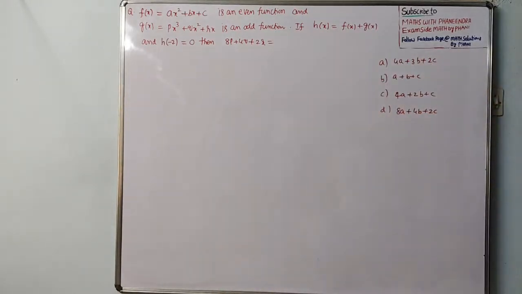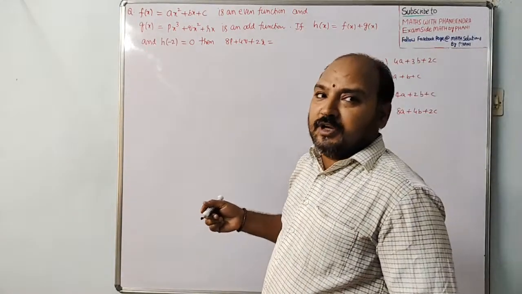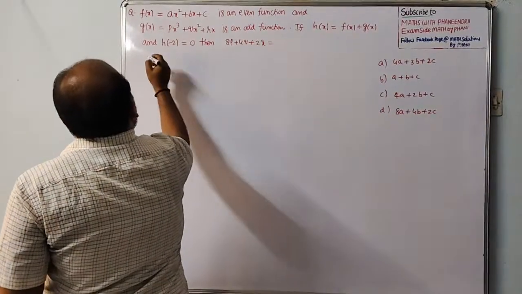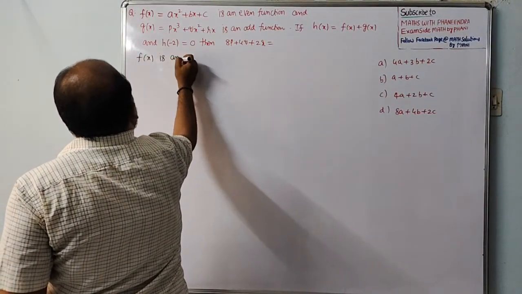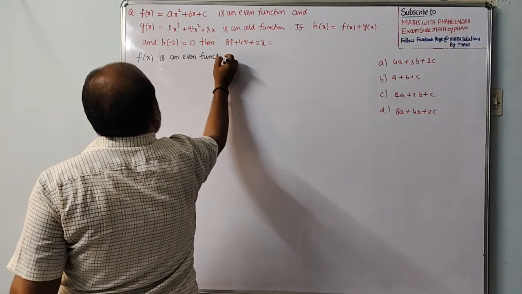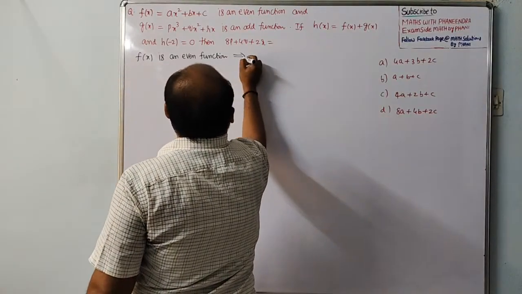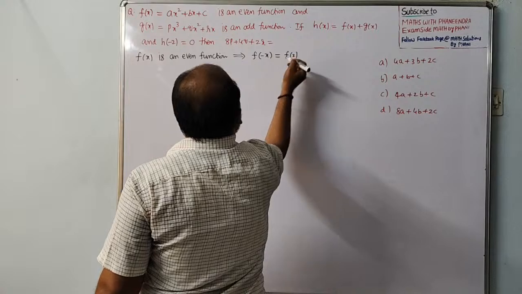So how to do these type of problems? They mentioned here one piece of information: they provided an even function and an odd function. f of x is an even function, that implies that f of minus x is equal to f of x.